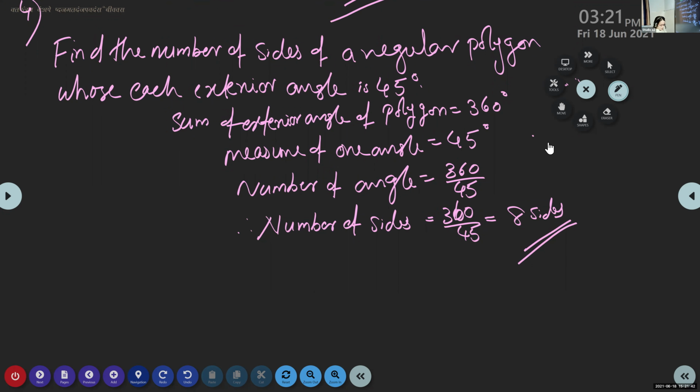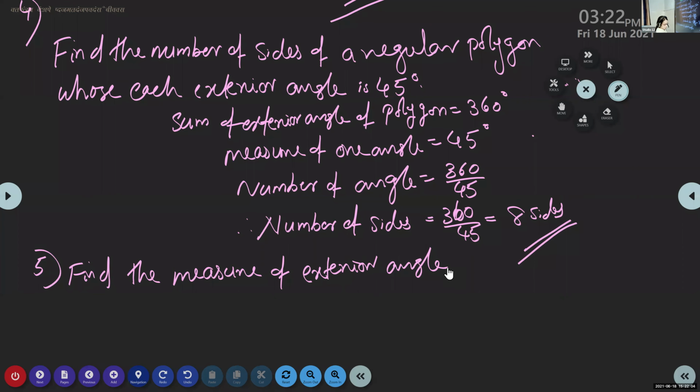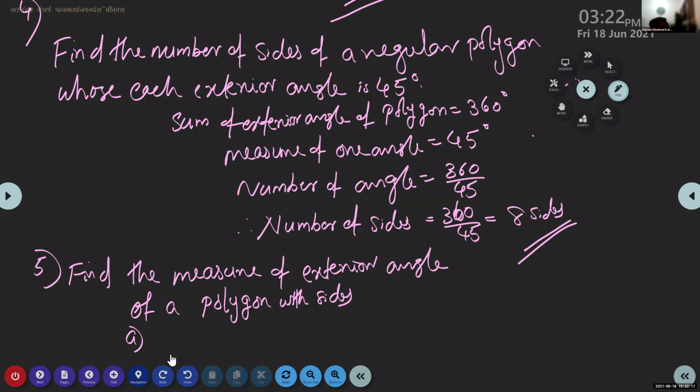Find the measure of the exterior angle of a polygon with 9 sides. Ma'am, regular polygon, right? Regular polygon. 9 sides.